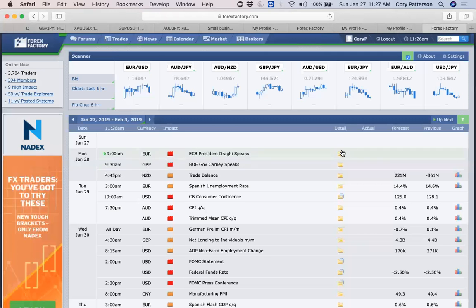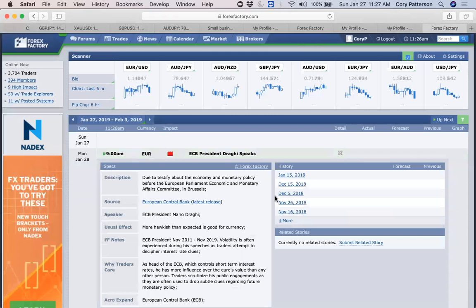This detail column gives you information about what this news implies. And so we can see this one. This is President Draghi's speech. And we're looking at a possible uptrend if it is good news, downtrend if it's bad news.